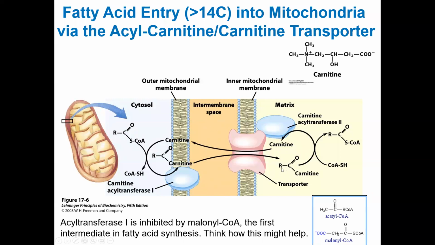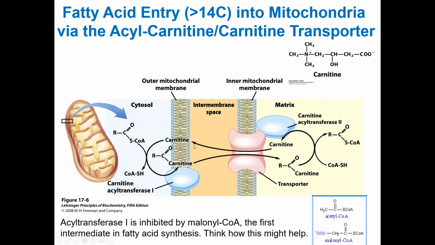So acyl carnitine will then do another transfer reaction that is catalyzed by carnitine acyl transferase 2, that is there in the matrix. You will regenerate carnitine and you actually regenerate your activated fatty acid by coenzyme A. And that is now ready for beta oxidation in mitochondrial matrix.